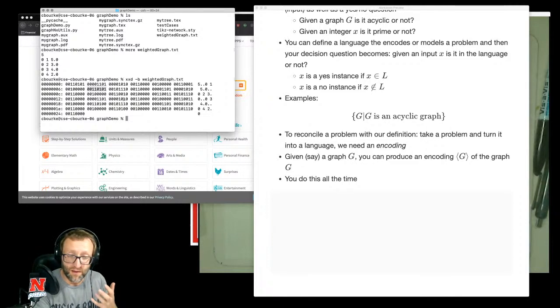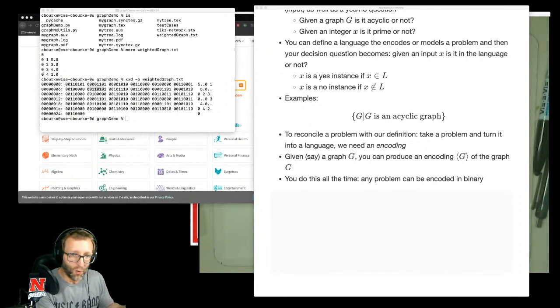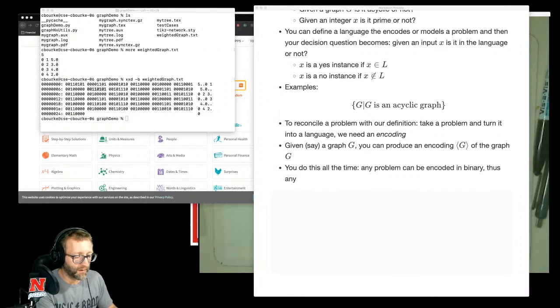But the thing to realize is that you do this all the time, right? Any problem can be encoded in binary, right? And so we're already in the realm of languages, right? Thus, any problems are the same thing as languages. And all you have to do is ask the question, I'm going to define a language such that, like I did up here, G is an acyclic graph.